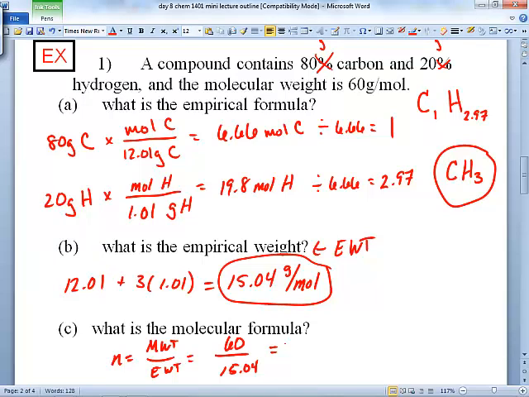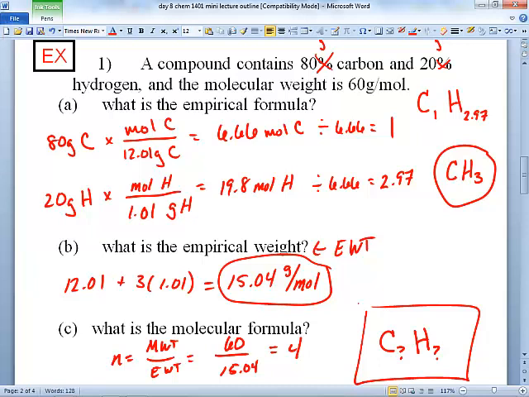So the 15 is the empirical weight, the molar mass of the empirical formula, the simplest ratio. The 60, that's the molar mass of the right thing. So it's definitely going to be bigger. So that's about 4, isn't it? Okay. So we get 4. What is our right answer? We're off by 4, Lauren. The empirical weight, that answer's off by a factor of 4.